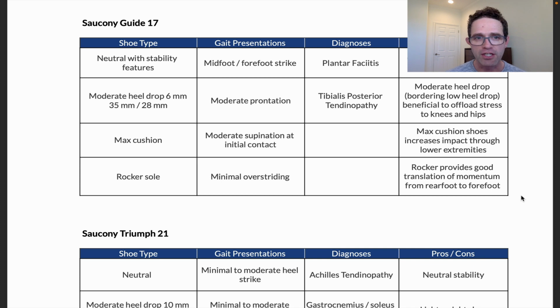It's a moderate pronation because of the stability features, along with the moderate supination at initial contact, and some minimal overstriding. With the heel drop being low, it's a concern. However, we do have a higher stack height, so that can promote a little bit earlier heel strike or striking the ground. Diagnoses of plantar fasciitis potentially with the stability features and some of the rocker sole.